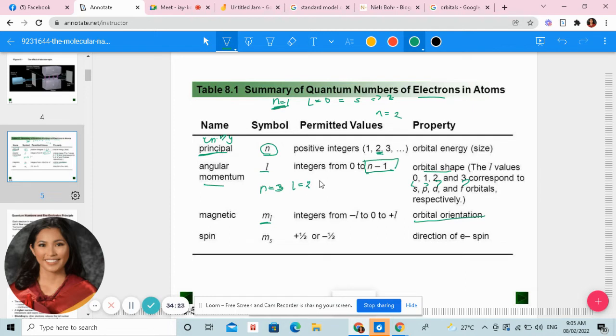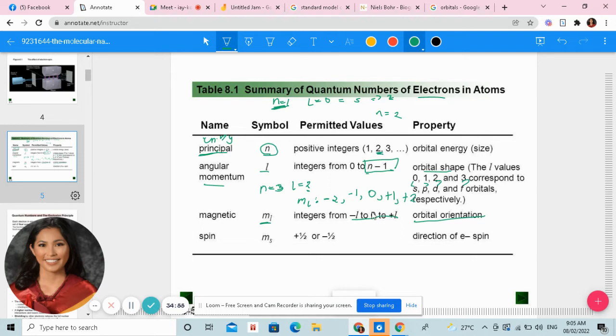Then if L is 2, ML values are negative 2, negative 1, 0, positive 1, positive 2. We have this formula. Okay, we have 5 orientations.